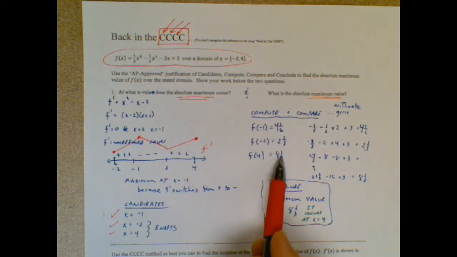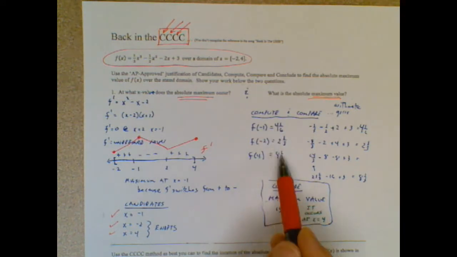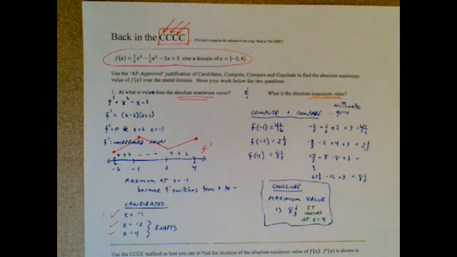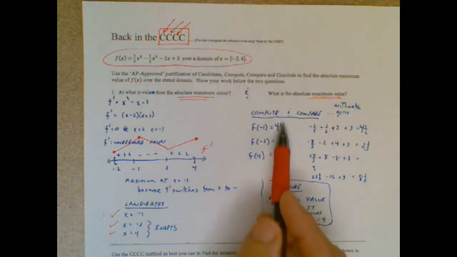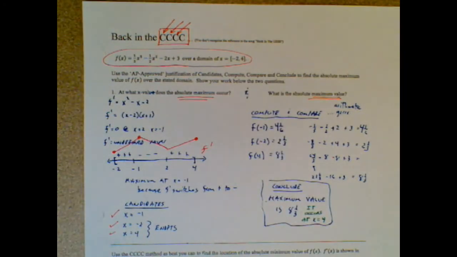And after I compute, I should be mentally comparing, or even on paper, comparing these values. So I have the candidates, I've computed their values, and then I'm comparing these values to see which one is the greatest. My final step would be to conclude. Since I'm looking for the absolute maximum value, I see that this 8 1/3, which occurs at x equals 4, ends up being the maximum value.